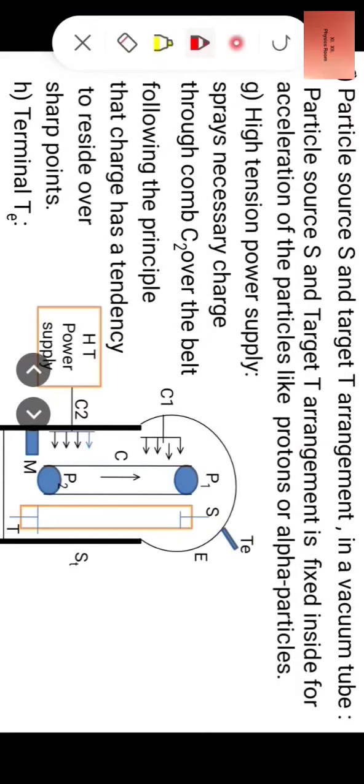F. Particle source S and target T arrangement in a vacuum tube. The particle source S and target T arrangement is fixed inside for acceleration of particles like protons or alpha particles.